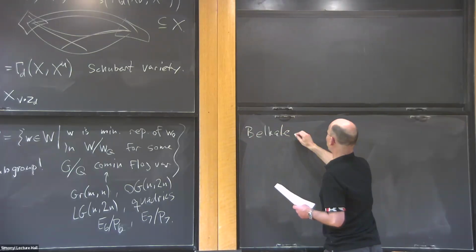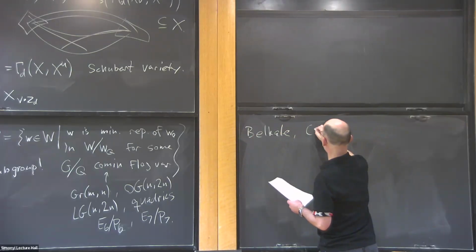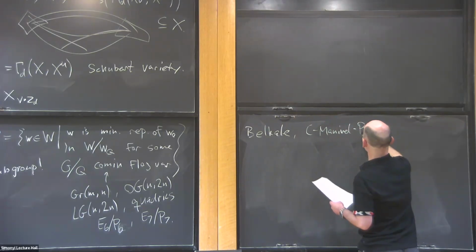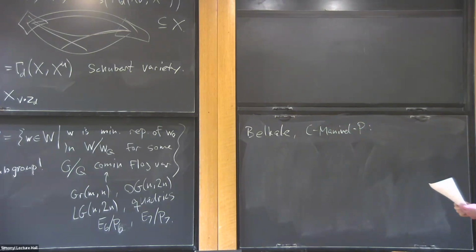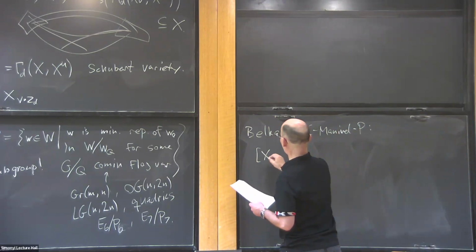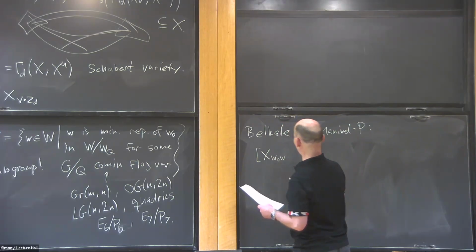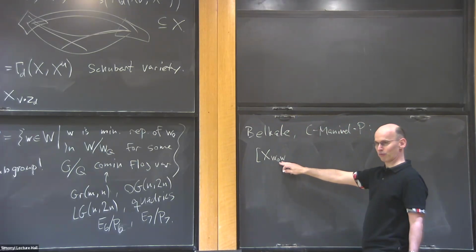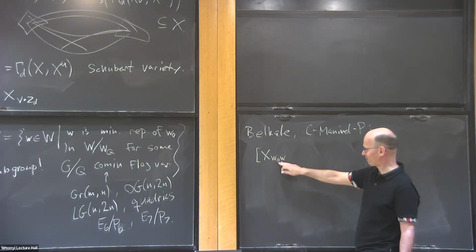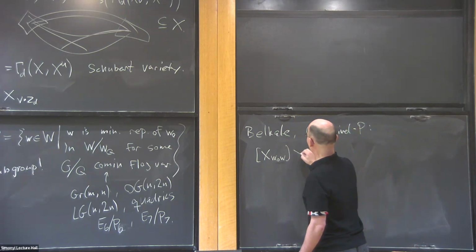He did it non-equivariantly, and then Chaput, Manivel, and Perrin. It says that if you take the Schubert class for w, since I used the opposite, B-stable one, I multiply by w_0.